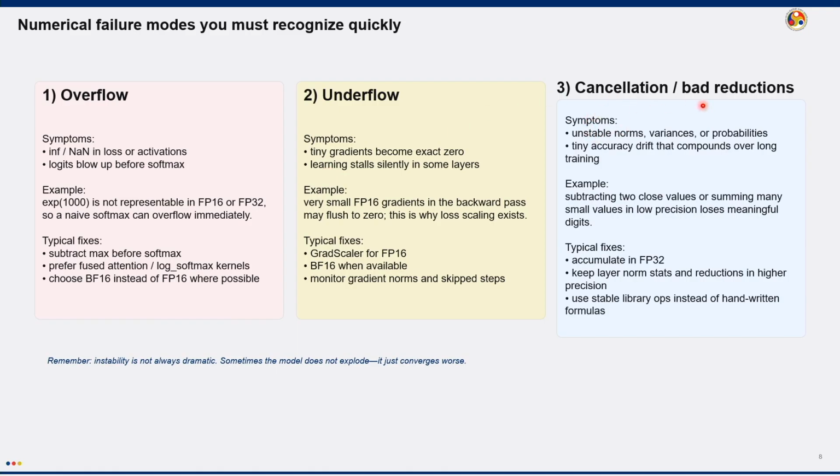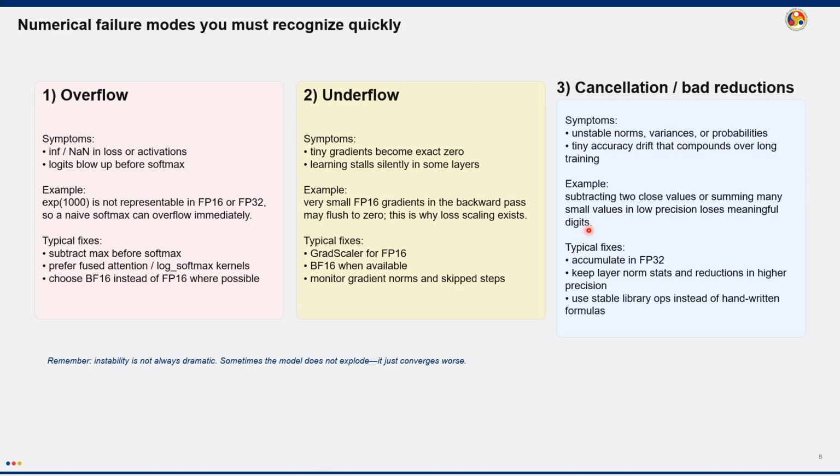Bad reductions or cancellations cause unstable normalizations; the variances and probabilities will fluctuate, and you also see tiny accuracy drift that compounds over very long training. For example, subtracting two close values or summing up many small values in low precision will lose meaningful digits.